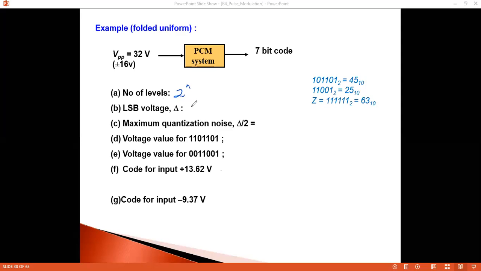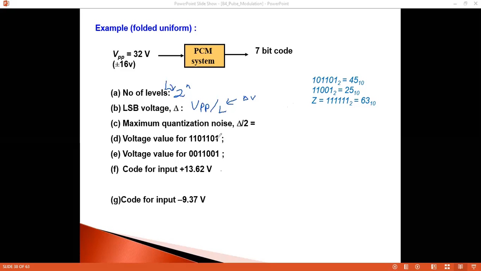The LSB voltage, or the quantization interval, is V peak to peak divided by L. Please don't get confused. This is L, the quantization levels, and this is delta V, the quantization interval. The maximum quantization noise or error is delta V divided by 2. And the voltage value for 1101.